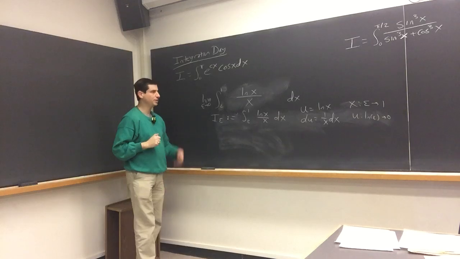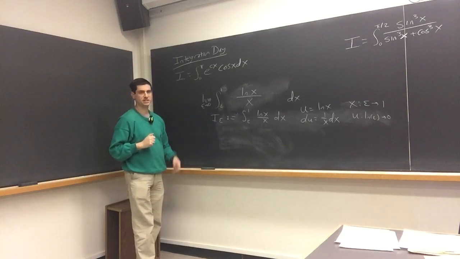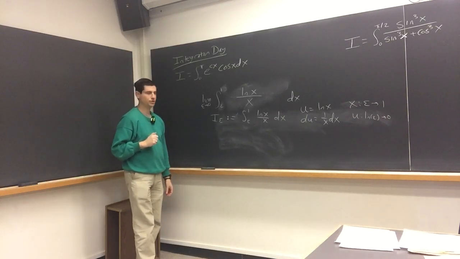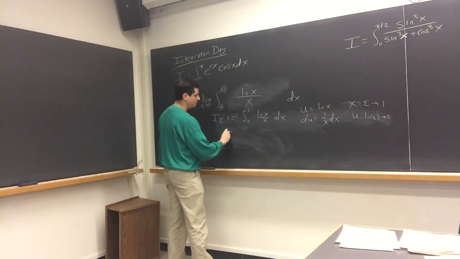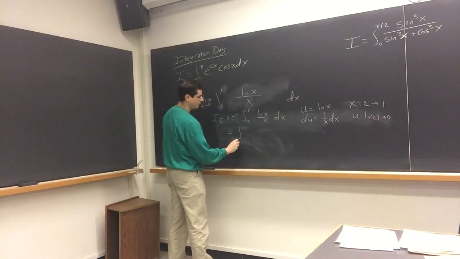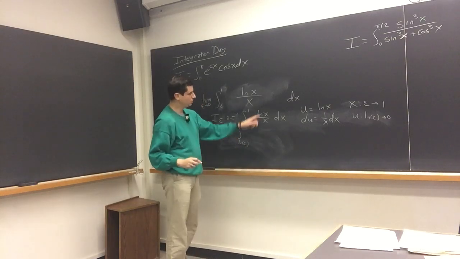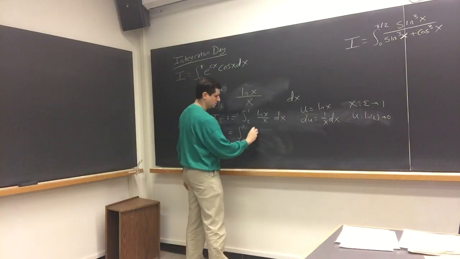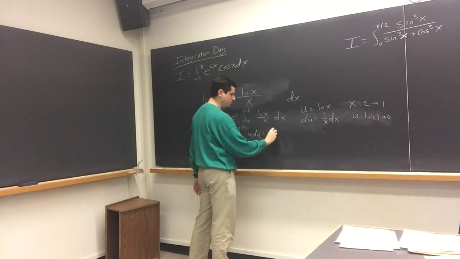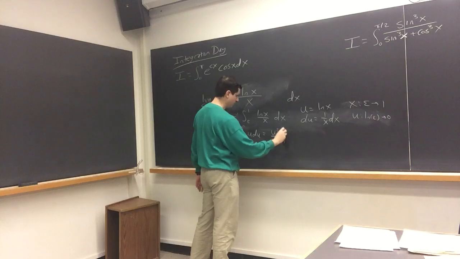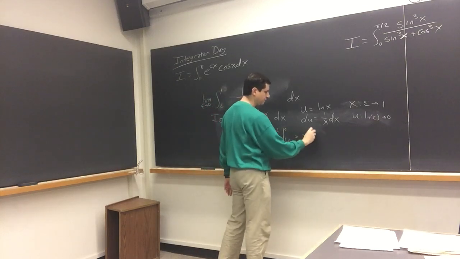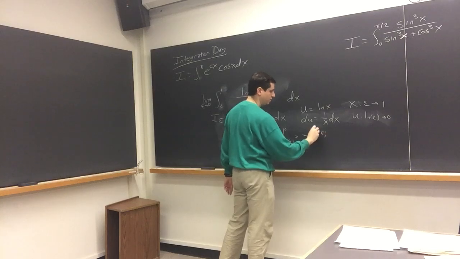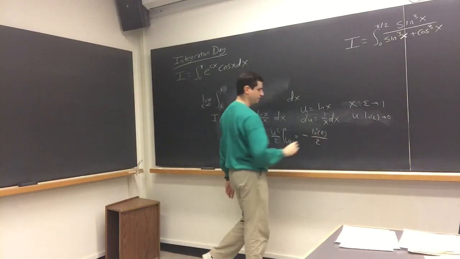It's a little bit of an overkill, but I find it's nice to write these down so that I do not make any mistakes in terms of the bounds. So this would then become the integral from the natural log of epsilon to 0. And now I'm going to have u du. So this is going to become u squared over 2 evaluated at 0 and natural log of epsilon. So I would get negative natural log of epsilon squared divided by 2.